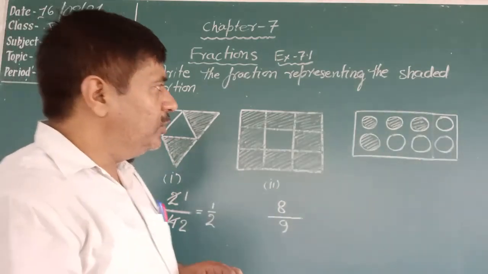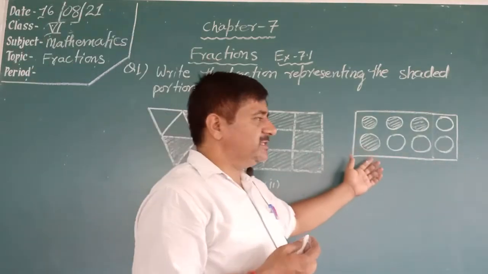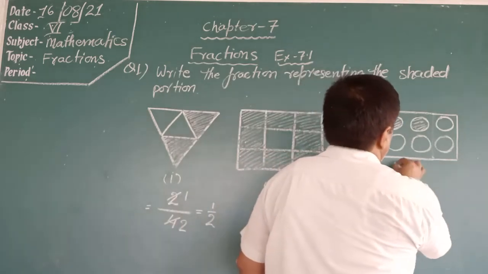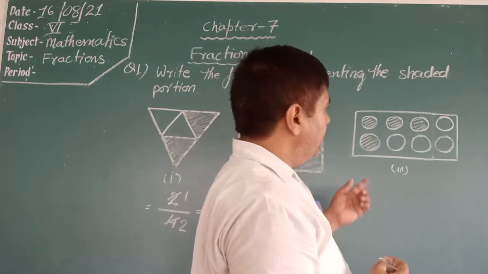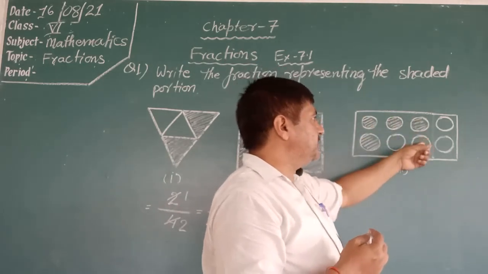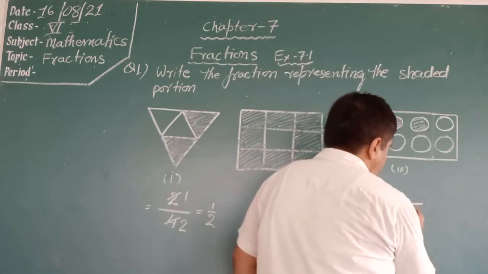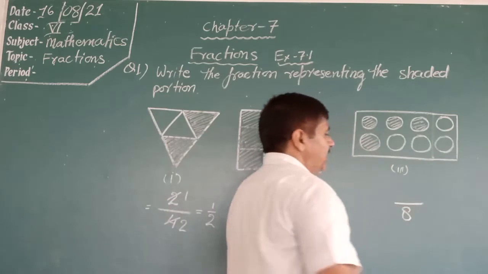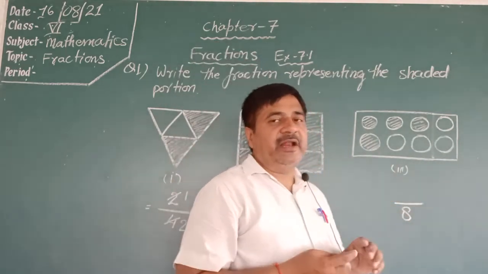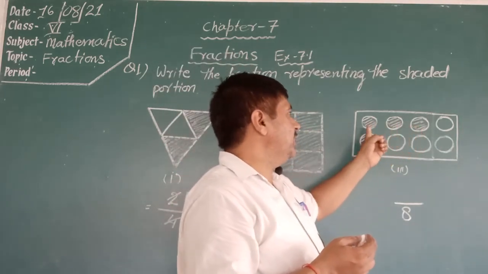Similarly, you write the fraction for this figure, which is the third figure. How many total parts? 1, 2, 3, 4, 5, 6, 7, 8. Total parts is 8. You write 8 in the denominator. And in the numerator, how many shaded portions? 1, 2, 3, 4.